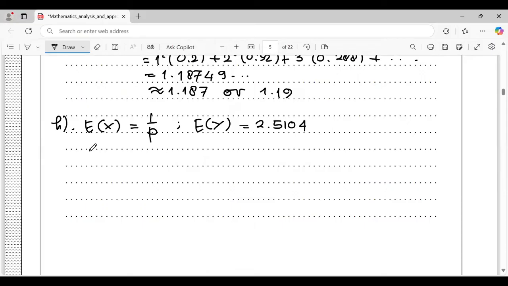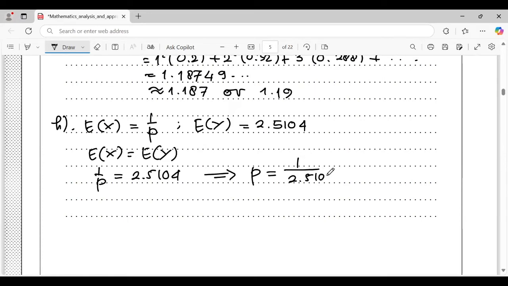So 1 over p equals 2.5104, so p equals 1 over 2.5104. The result is 0.398342, rounded to 0.398 to three significant figures.